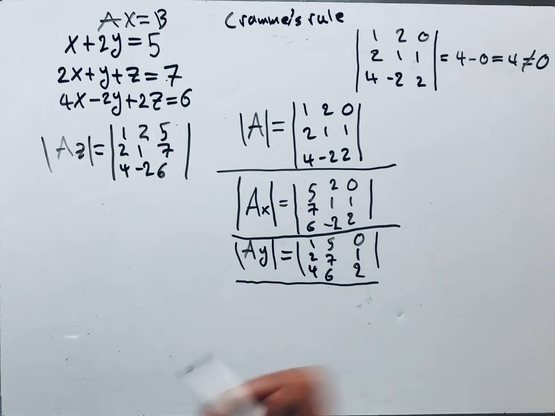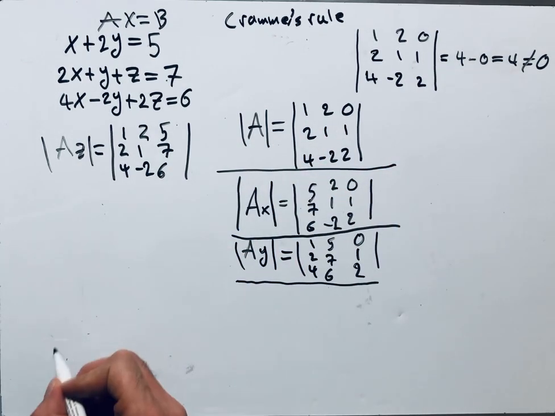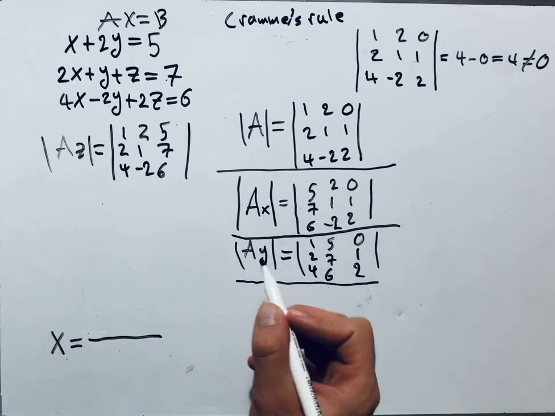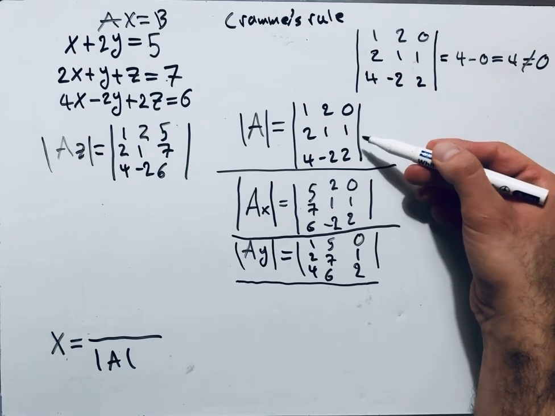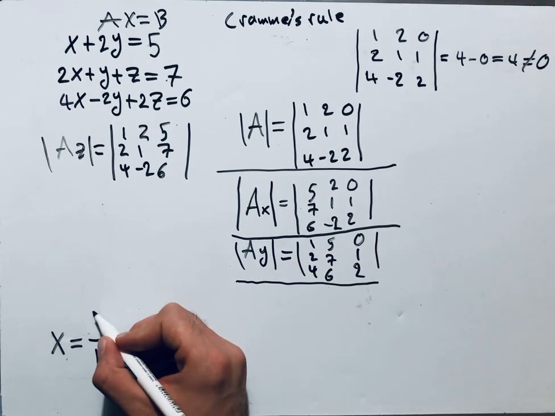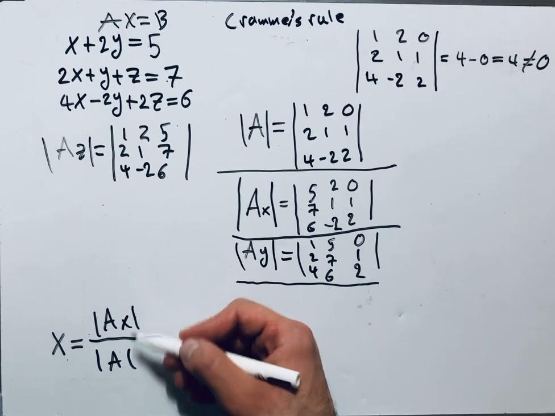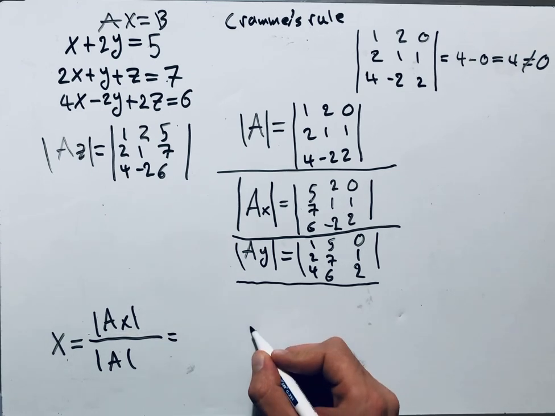Anyways, without doing any other things, you can immediately say that the value of the variable x would be the determinant of A sub x above, divided by the determinant of A, and then we're going to calculate at the end.